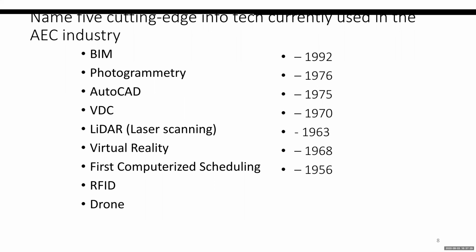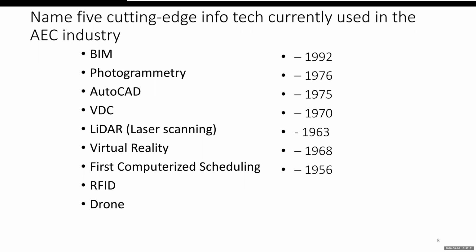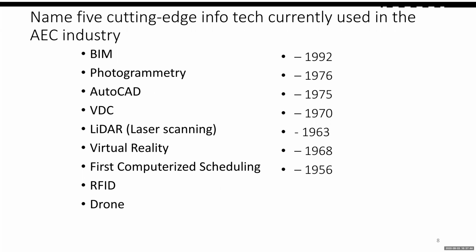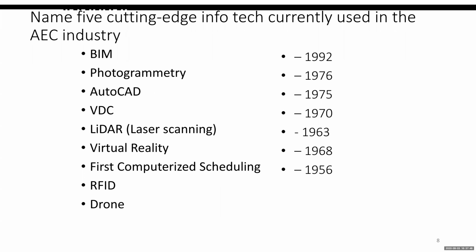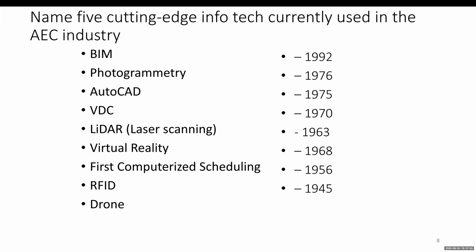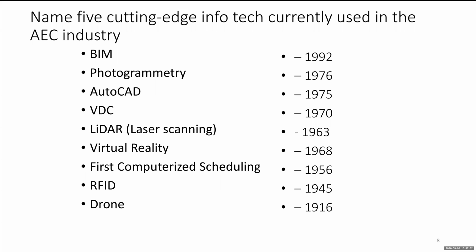Computerized scheduling, the Primavera type of stuff that can run scheduling, 1956. And by the way, guys, the first computerized scheduling happened at Zachary, my previous company. They hired a guy graduated from Stanford University and they made the first program to run this computerized scheduling. RFID, 1945, and Joel, 1916.